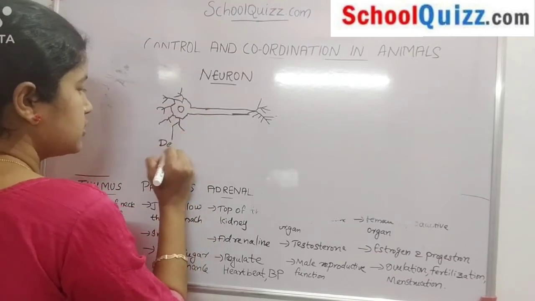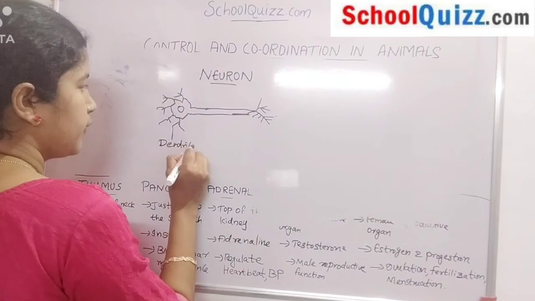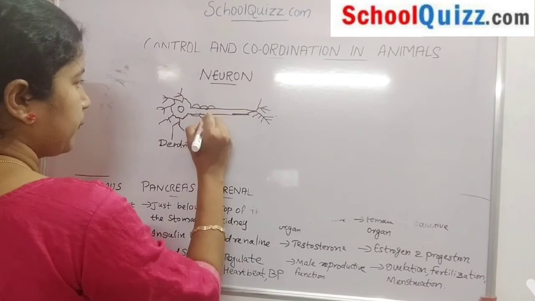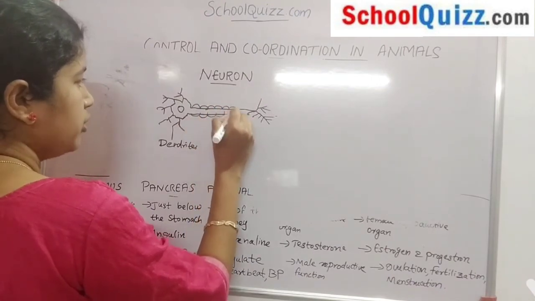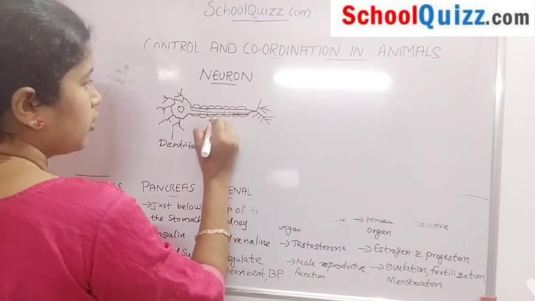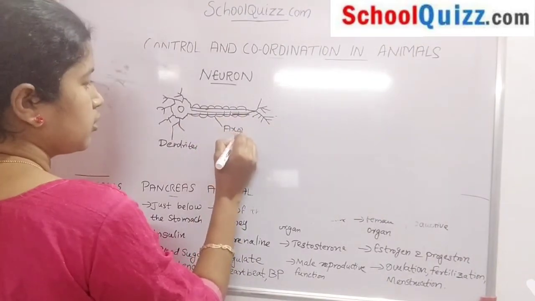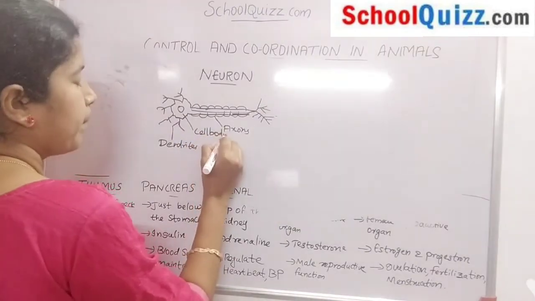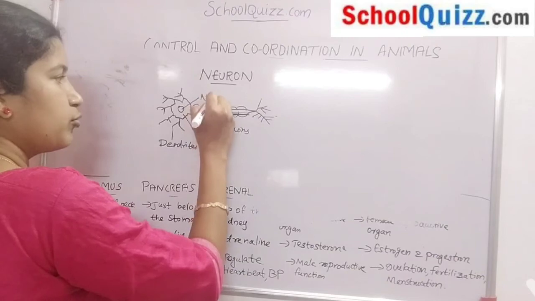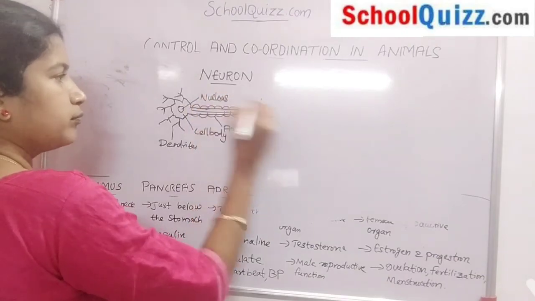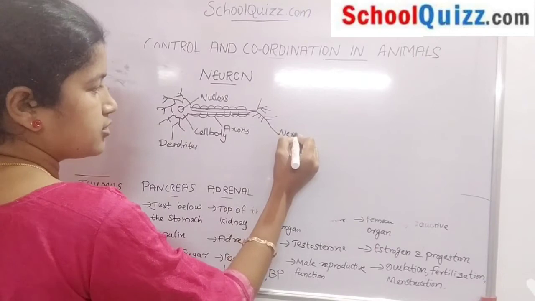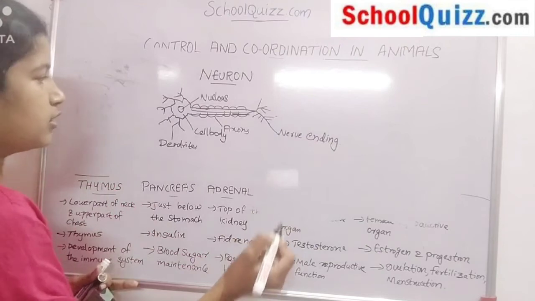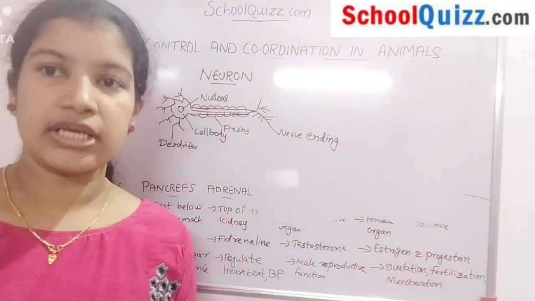Okay, this is dendrites. This is called axon. This is the cell body. This is the nucleus of the neuron, and these are the nerve endings. Okay, so this is the structure of a single neuron.